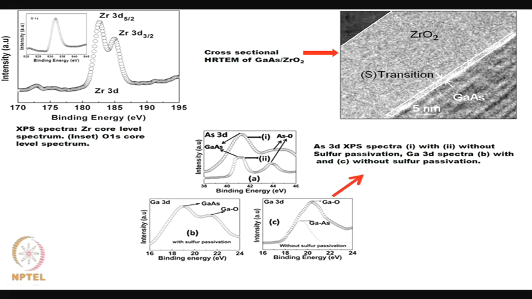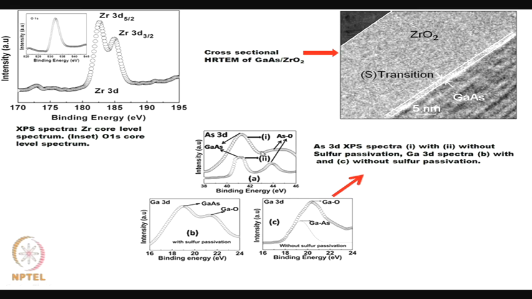In this case, it is the HRTEM image that shows that between gallium arsenide and zirconium a sulfur passivation layer is obtained, and then XPS spectra has been taken with and without sulfur passivation. In one it is with sulfur passivation, in two without sulfur passivation.